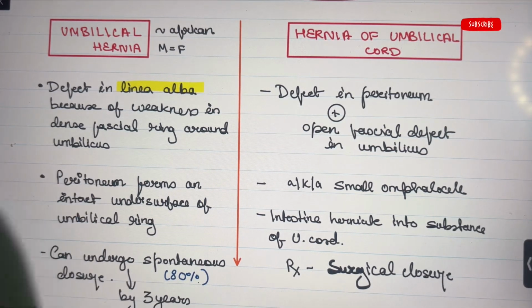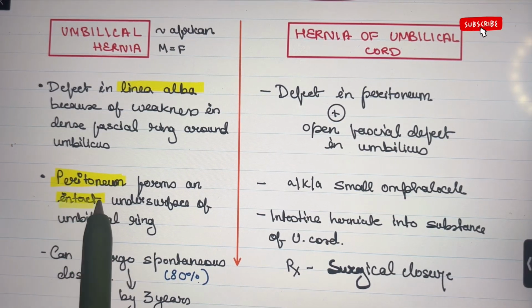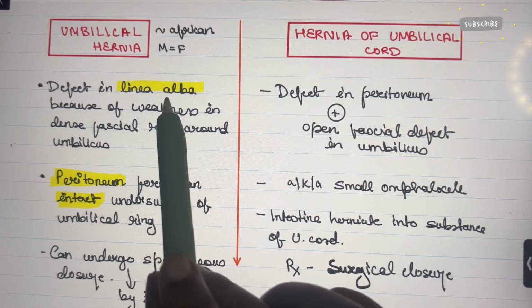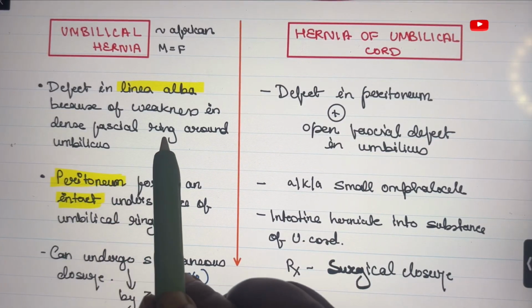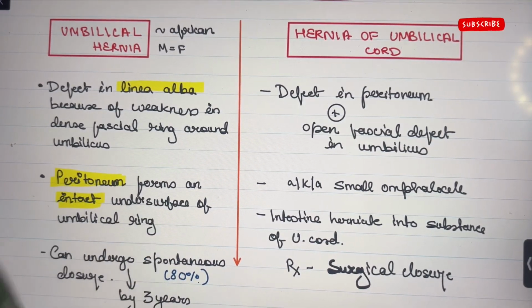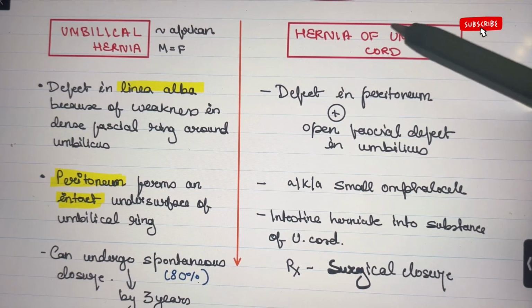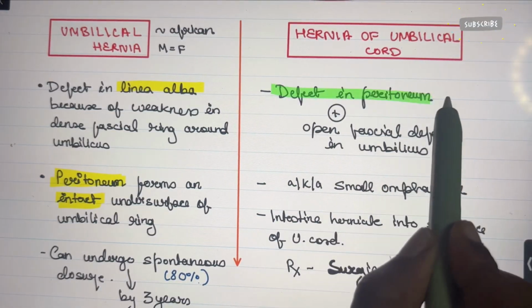But remember, in umbilical hernia, peritoneum is intact. There is no defect in peritoneum. Defect is present in linea alba, or weakness is present in the dense fascial ring, but there is intact peritoneum in cases of umbilical hernia. But in case of hernia of umbilical cord, there is a defect in the peritoneum.